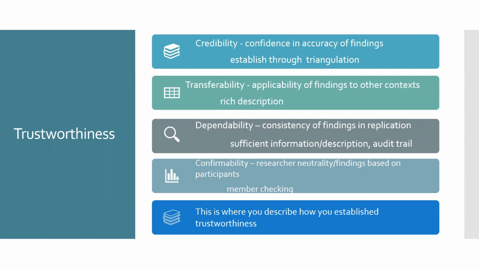Okay, so there are different ways to do this, and I apologize that this slide makes it look a little bit as though these are sort of mutually exclusive, right? That triangulation can only be used to establish credibility, and that's not the case. Okay, these are all different techniques that we can use as qualitative researchers to ensure trustworthiness.